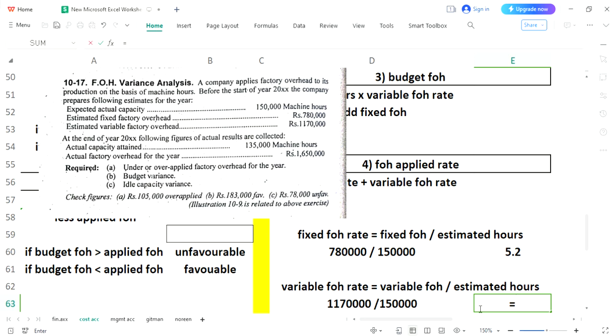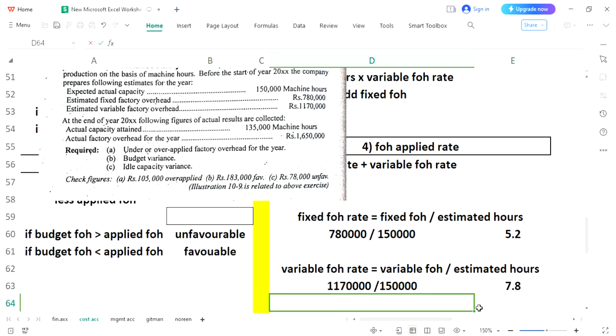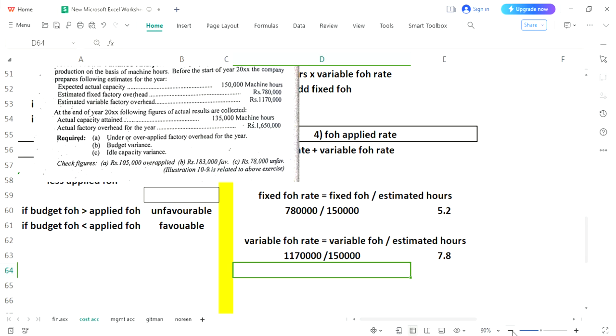On the calculator, we will write 11,70,000 and divide it by 1,50,000 estimated hours. So the second rate is also calculated. Please focus on your pattern. In reality this is not the start of the question. This was the last step which you have solved, and I have shown you the last step of your paper.